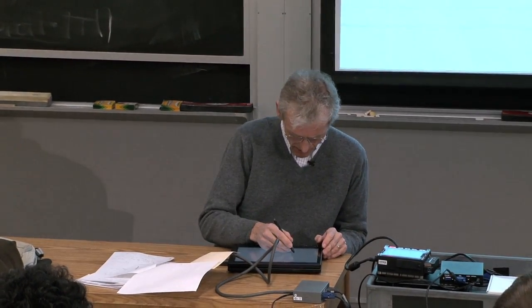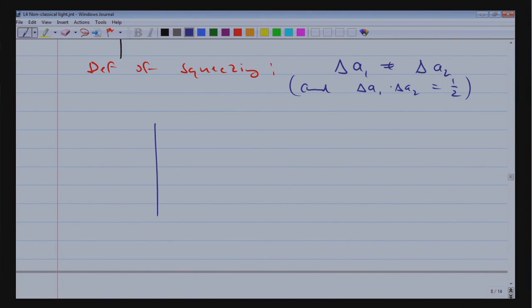Let me just get a sketch pad here. So this is A2, this is A1. A2 is for the cosine omega t and A1 for the sine omega t. So just to be specific. So what do you want to prepare? You want to prepare a harmonic oscillator which has just sine omega t. This is a point here.